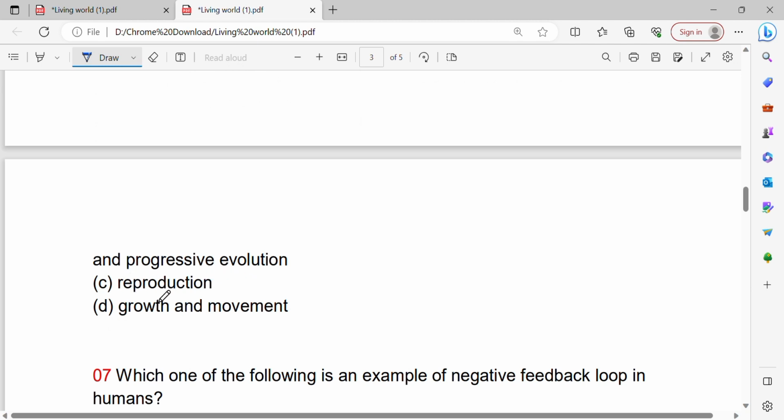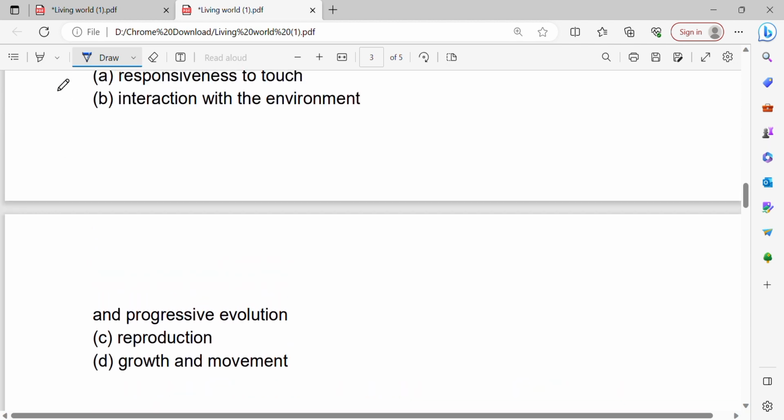Option C reproduction, and option D growth and movement. And the correct option is option B, interaction with the environment, and the progressive evolution.